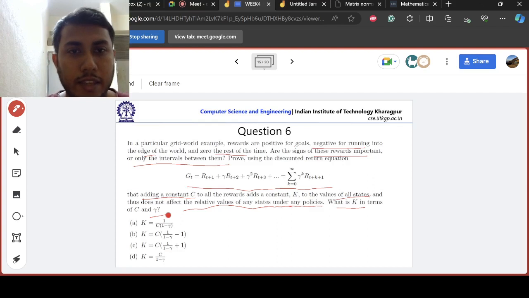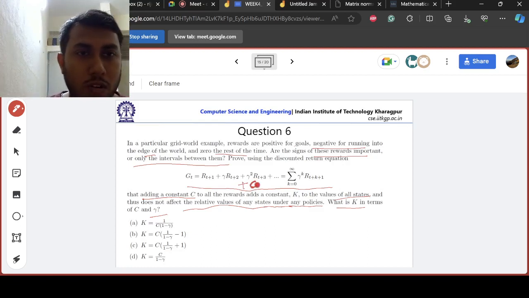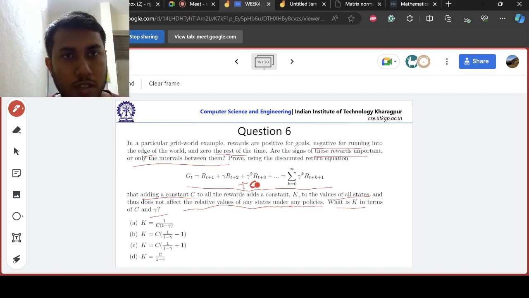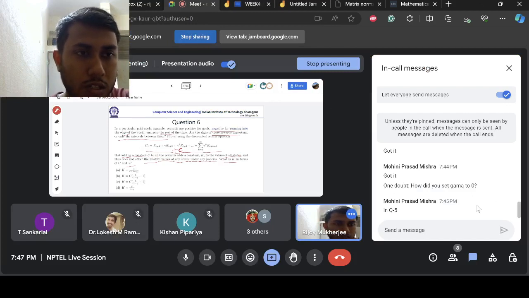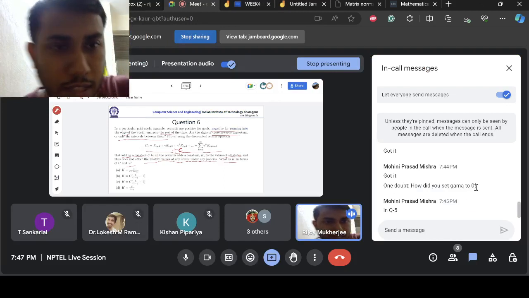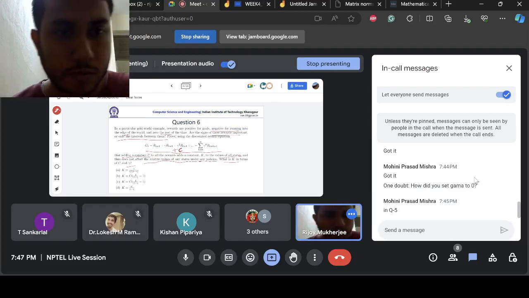Okay, so what they are saying is, in this reward we are adding an extra constant c. So we are adding a constant c, and how does it affect it? How do you set gamma to 0? Did I set gamma to 0 or gamma to 1?